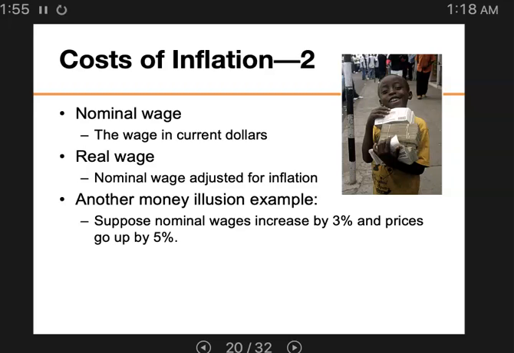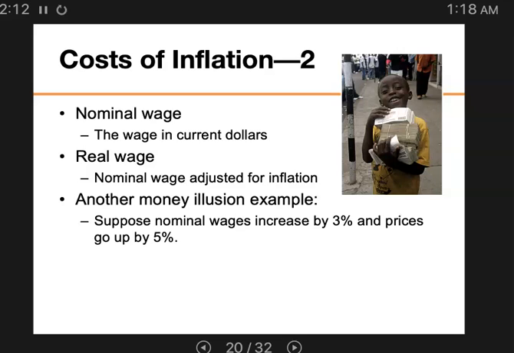Sorry about that. If the price level falls and there's no change to the nominal wage, that is actually a real wage increase. Okay, so basically the nominal wage is analogous to nominal GDP, right?